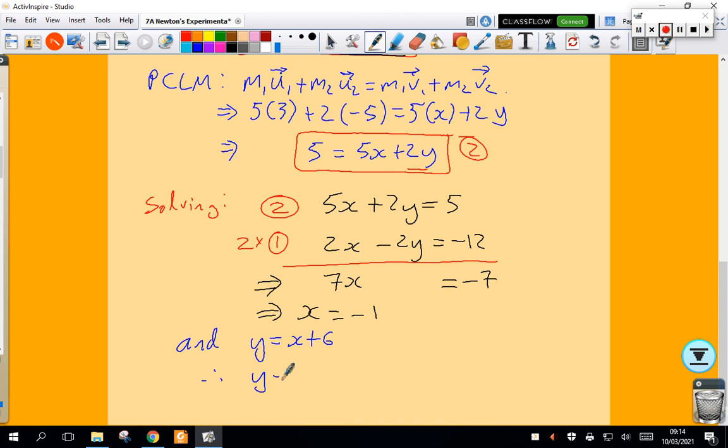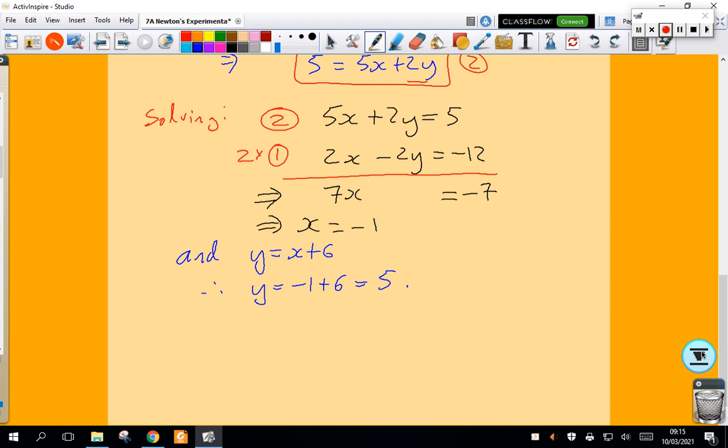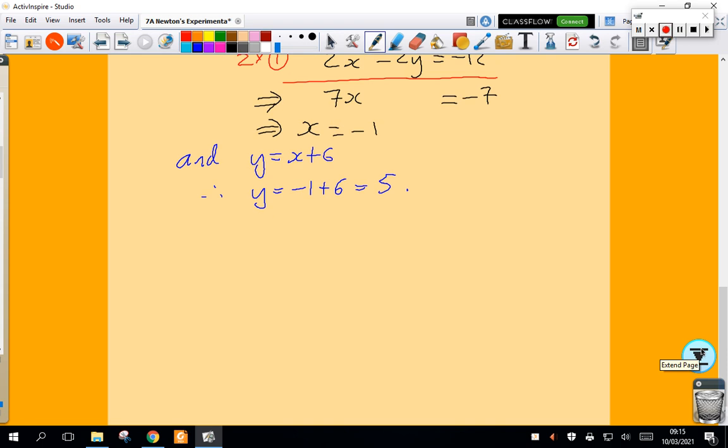Therefore, y is equal to, well, we know x is negative 1, negative 1 plus 6, which is 5. Notice x negative, y positive. x was the velocity of particle A. So the velocity of particle A after impact is -1 meters per second, and the velocity of particle B after impact is +5 meters per second.